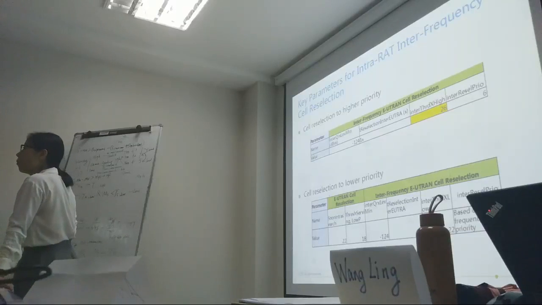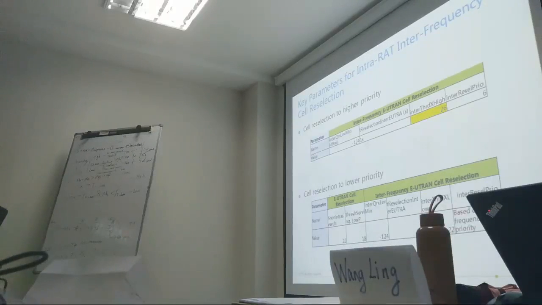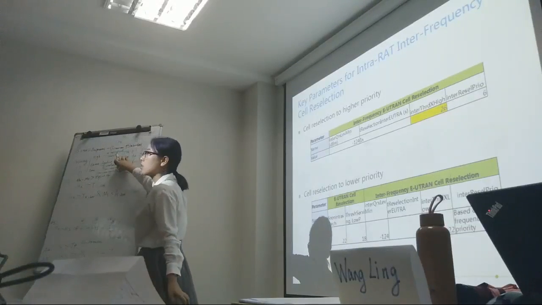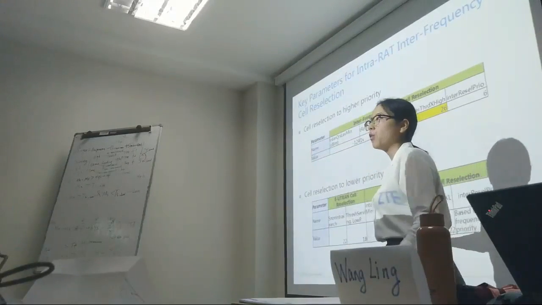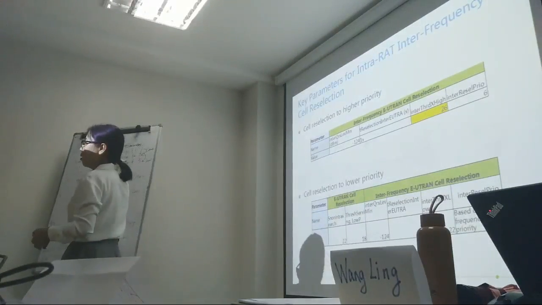The as intra search and as non-intra search thresholds are for starting the measurement, and the other threshold is to perform the reselection. One is execution, one is measurement.